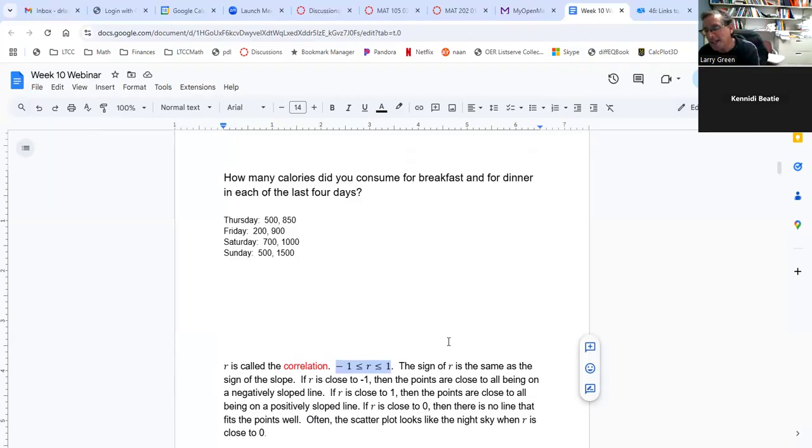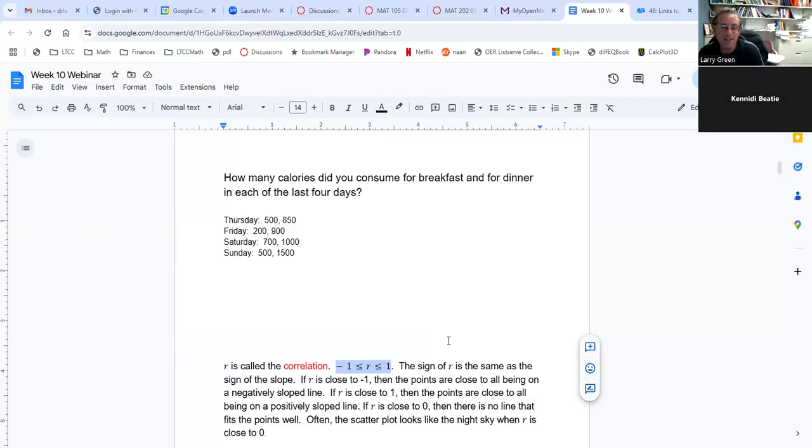If R is -1, then that tells you that if you have a low first variable, so a low amount of calories for breakfast, then you will have a high amount of calories for dinner. And you can actually make an exact, perfectly linear prediction with a negative slope.